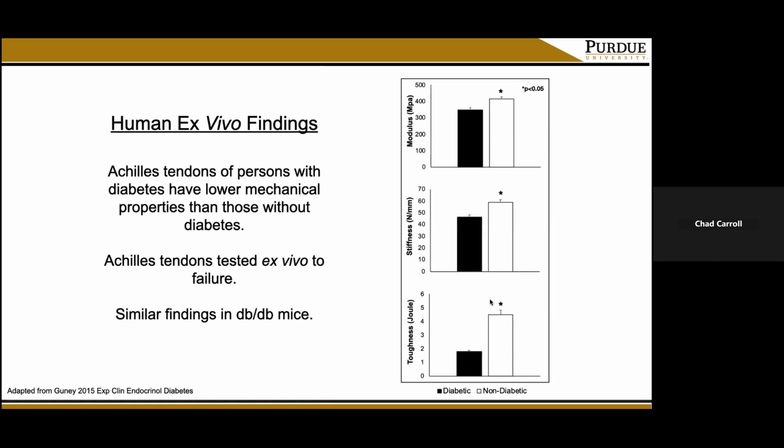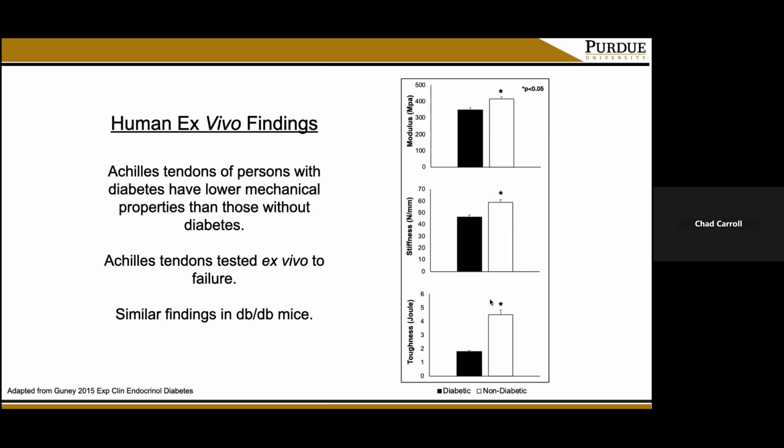I'll show you some of our data as well, but to give you some idea, this is an Achilles tendon isolated from patients that were having their limbs salvaged due to chronic diabetes. They took those Achilles tendons, put them in a device, and pulled them till they snapped, and you can measure the failure load, stiffness, and some other properties.